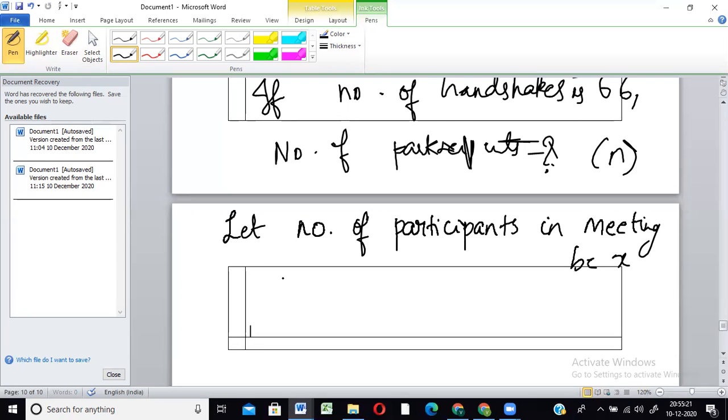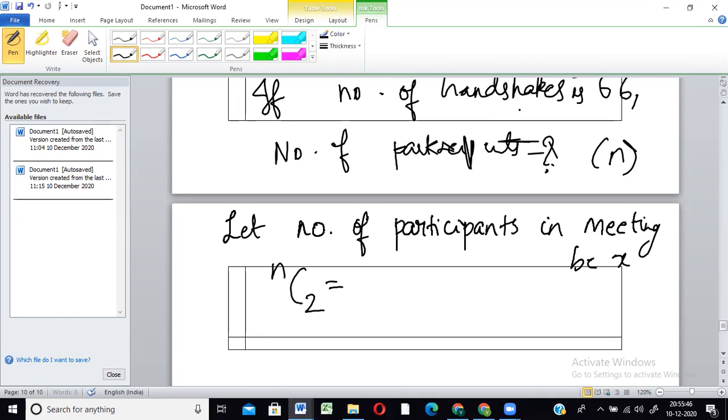When you shake hands, there are two people involved, right? Two people can make one handshake. So for one handshake, two people are needed. So out of the total number of people, two people can make a handshake, right? So this is nothing but the number of handshakes.